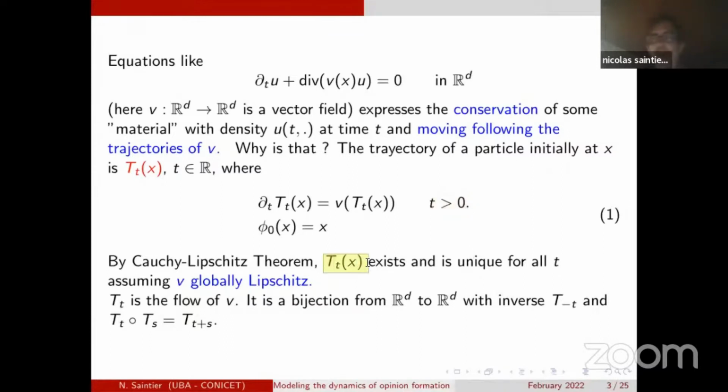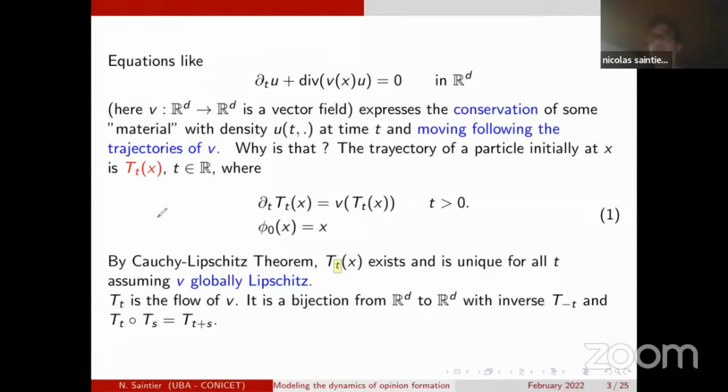The solution I will denote by Φ sub t of x. So x indicates the starting point, and the subindex t indicates time. It's nothing complicated, but everything that matters is in that definition. We only have to understand how these trajectories Φ sub t of x relate to my transport equation.